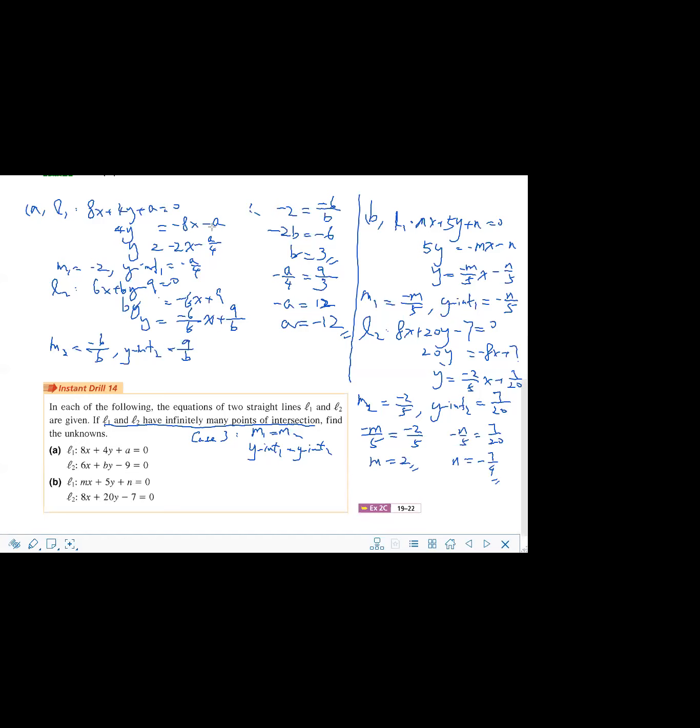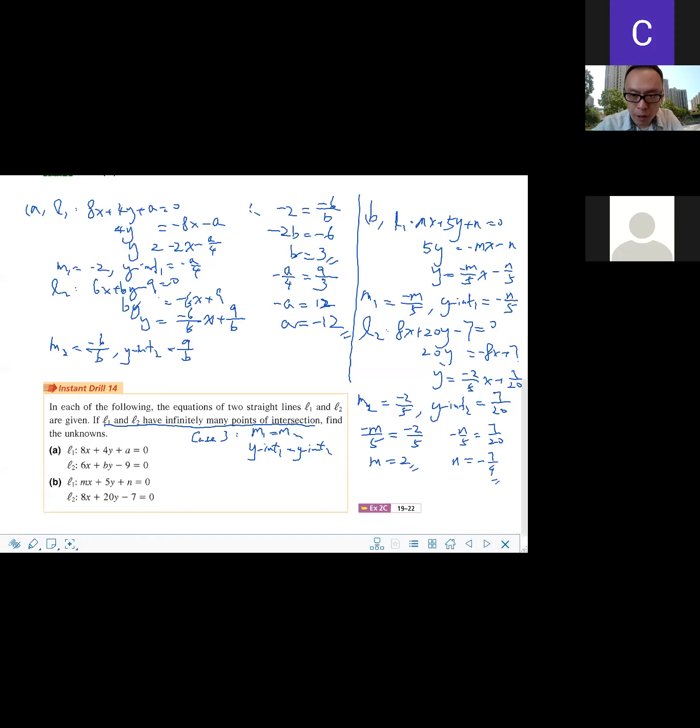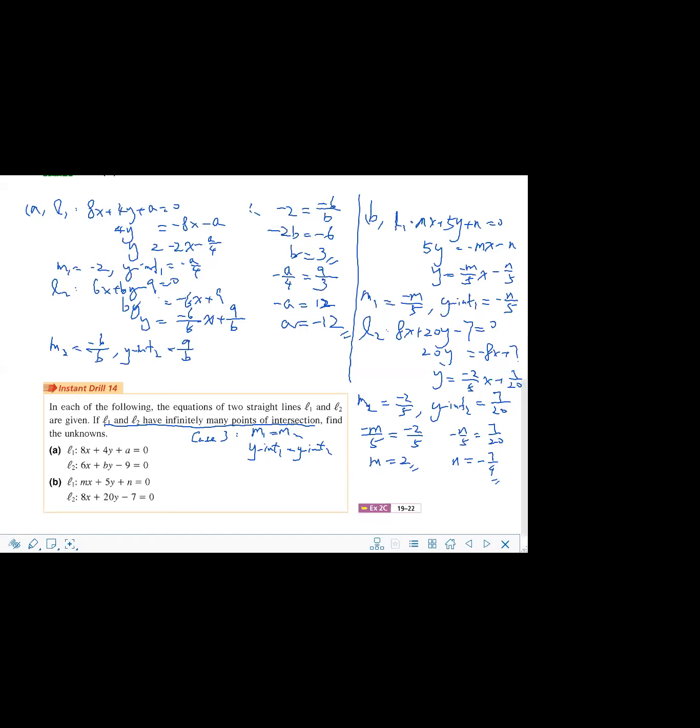Is that okay? If you are completely okay for instant drill number 14 and this concept, please give me a like or a clap. If you are not okay for any steps, okay, please raise your hand.